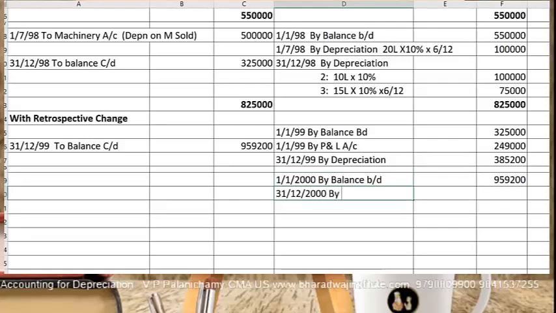31/12/2000 by depreciation. Simple. Last year on 19,26,000 we provided this amount. 19,26,000 into 20%. Okay, so this will be 19,26,000 WDV minus 3,85,200. This into 20%.